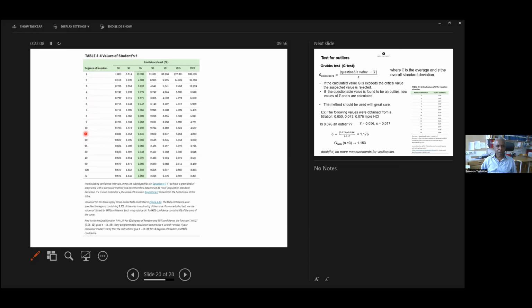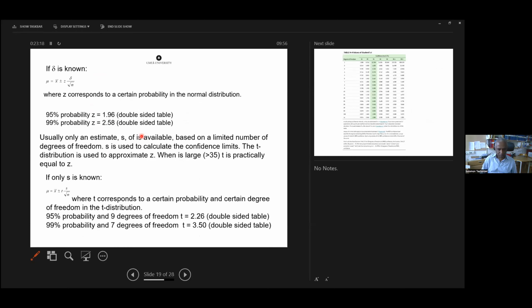So for degrees of freedom 10 and a 95% confidence interval, we have 2.131. And what we do then is just plug in this value here. S is the standard deviation, N is the number of measurements which we did, and this is our average.